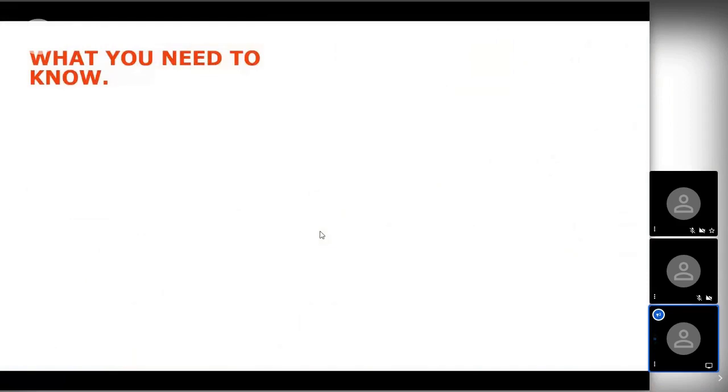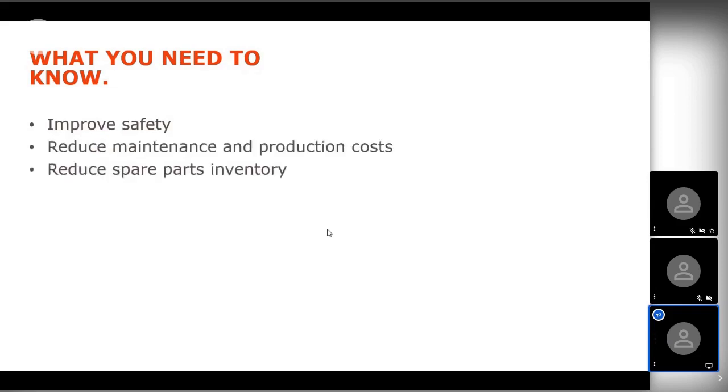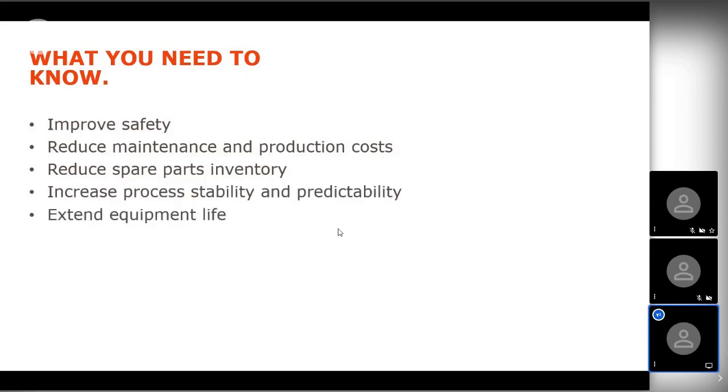For your maintenance plan, to get your maintenance strategy going, there's a number of key things you need to know. Maybe you want to improve your safety. Maybe you just want to reduce costs, your maintenance costs, your production costs. Getting rid of all of your spare parts saves you money as well.